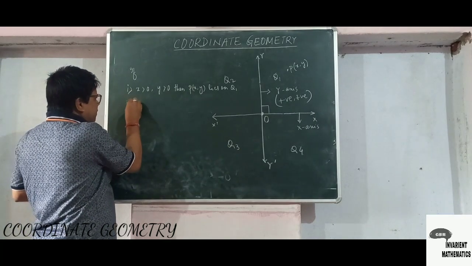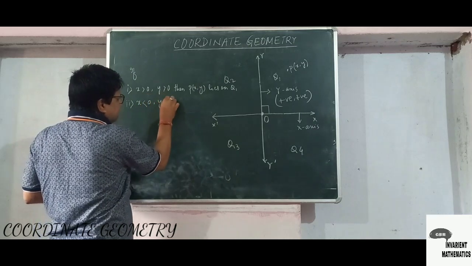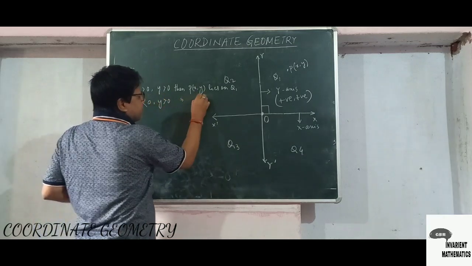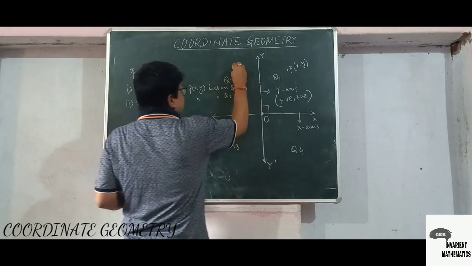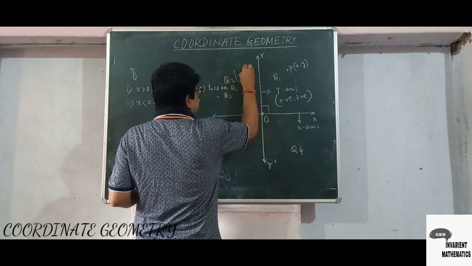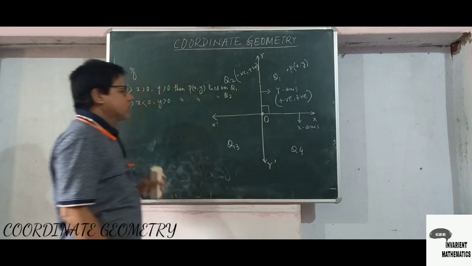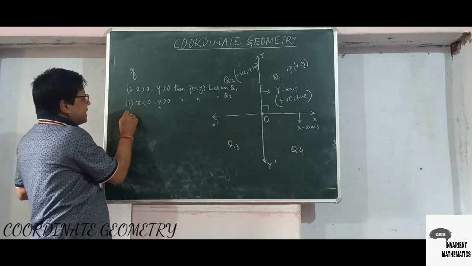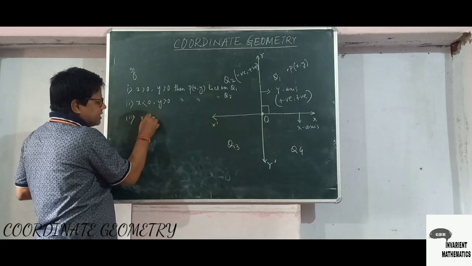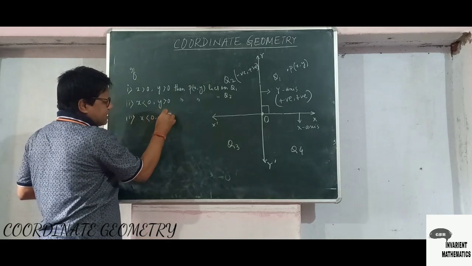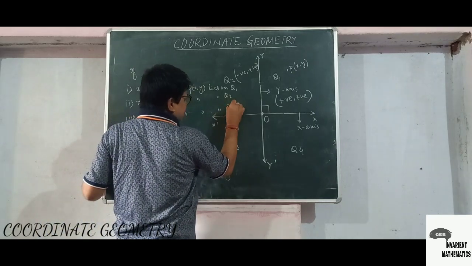Second, if x is negative and y is positive, then P(x, y) lies in quadrant 2. That means this part is negative, positive. And when both are negative, number 3, when x is less than 0 and y is less than 0, then P(x, y) lies in Q3.